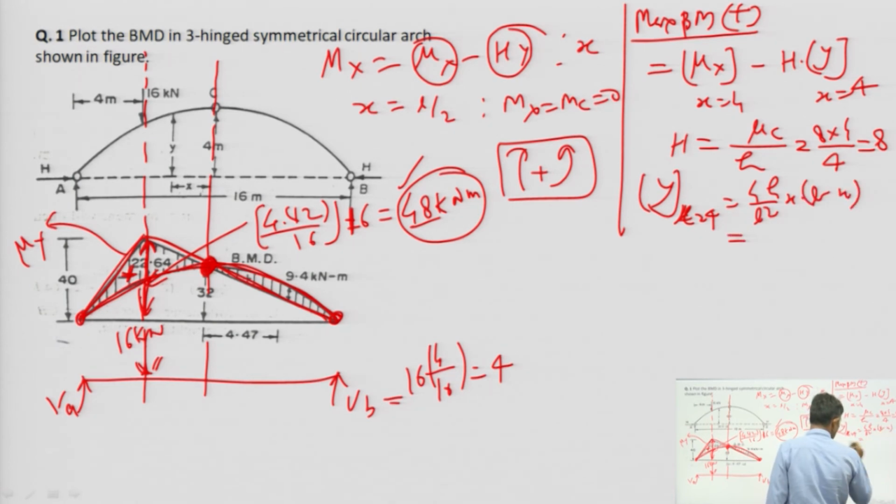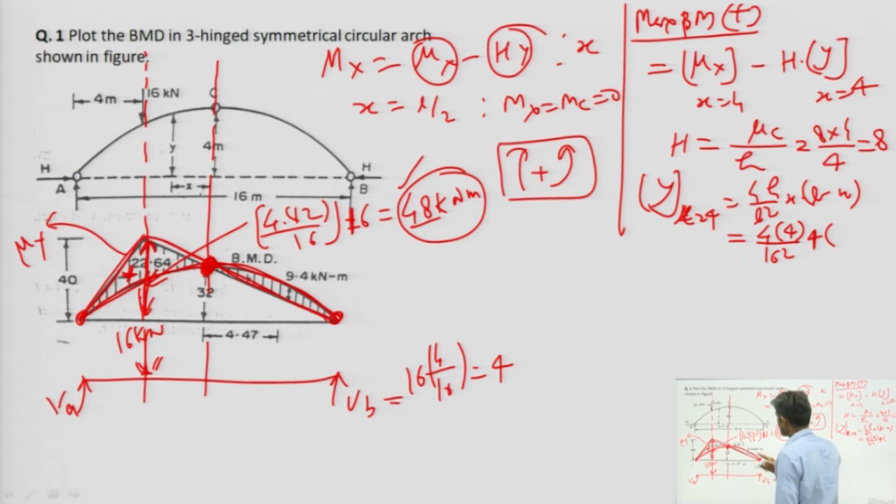By putting the value, we can calculate the value of y. So, what is y? Put h as 4, L is 16 square, x is again 4, and L minus x, 16 minus 4, means 12.